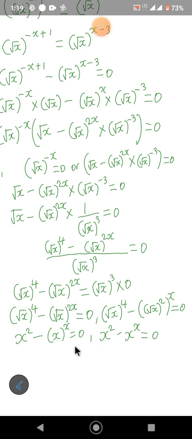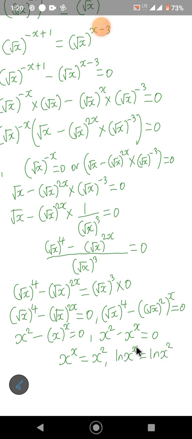Then now I can say that from here, x raised to the power x is equal to x raised to the power 2. Then I'll take the ln of both sides. So here will become ln x raised to the power x equal to ln x raised to the power of 2.